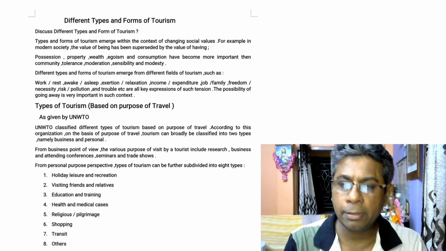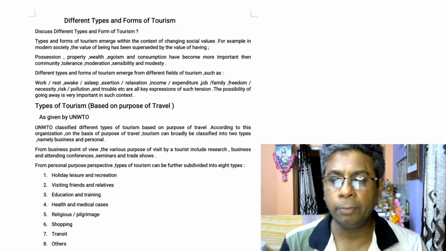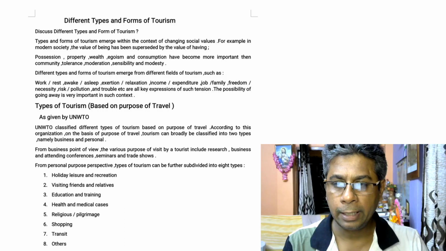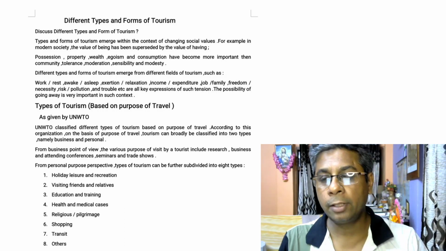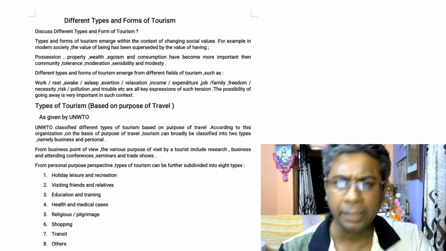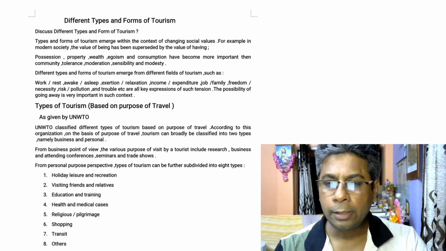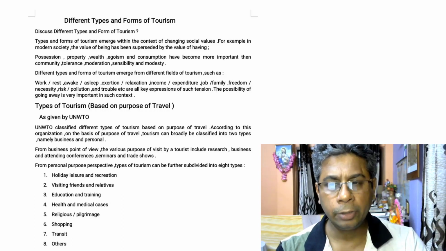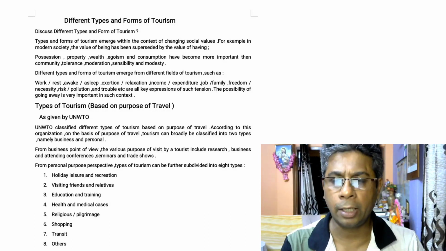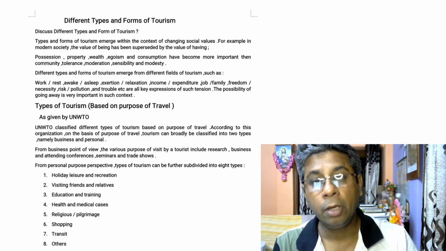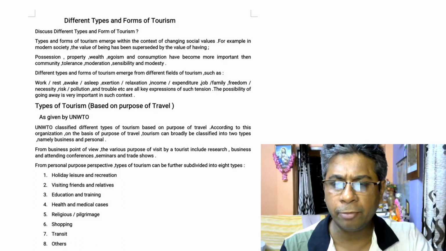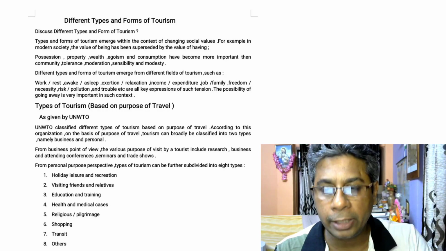The different types and forms of tourism emerge from different fields of tension, such as work and rest, awake and asleep, exertion and relaxation, income and expenditure, risks and security. Dirt, noise, rush, pollution, and trouble are the key expressions of such tension. The possibility of going away is very important in such a context.